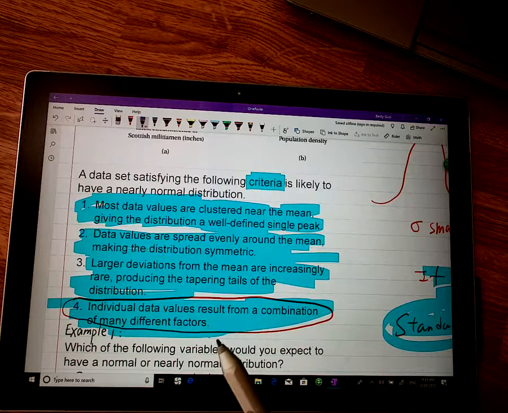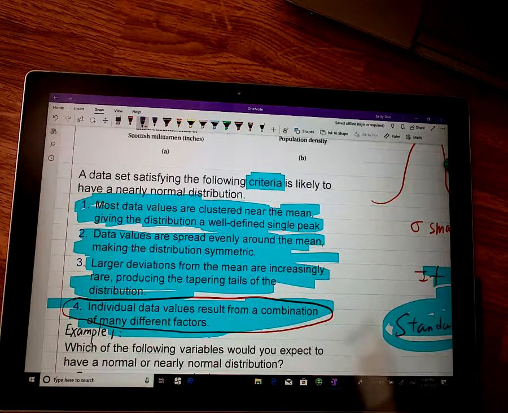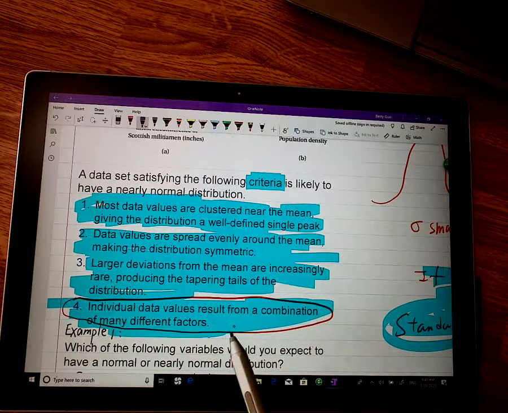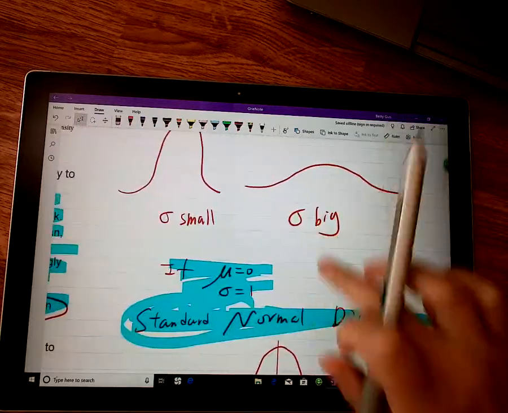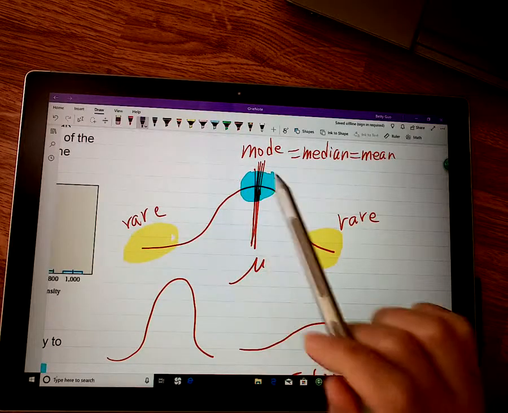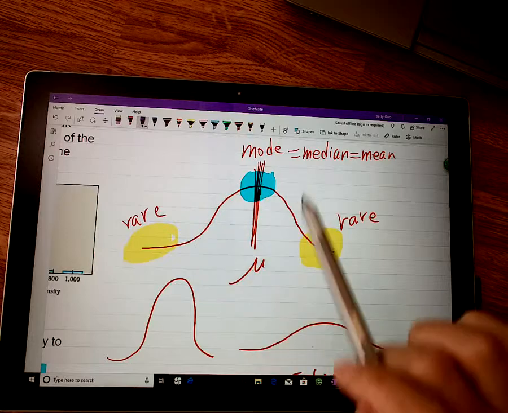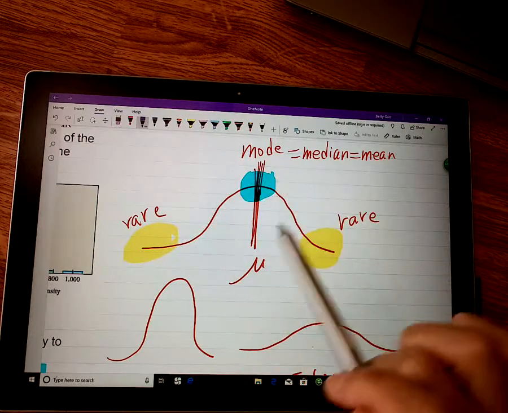For example, people's height, weight, blood pressure, pulse rate, salary, foot size, shoe size, and so on. They are combinations of many small, tiny factors. For example, I think we talked about this before, people's height. Most people's height is about average, clustered around the mean.